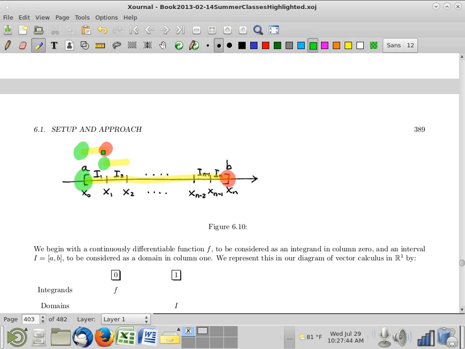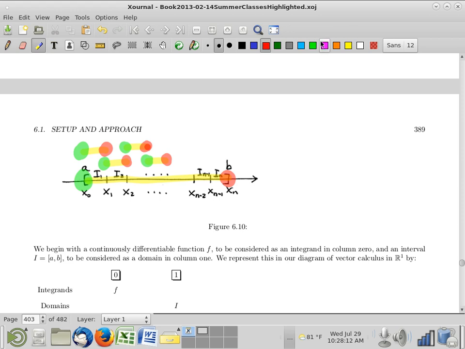Negatively oriented starting point, positively oriented ending point. Okay, cool. I3. Go. Stop. I4. Go. Stop.